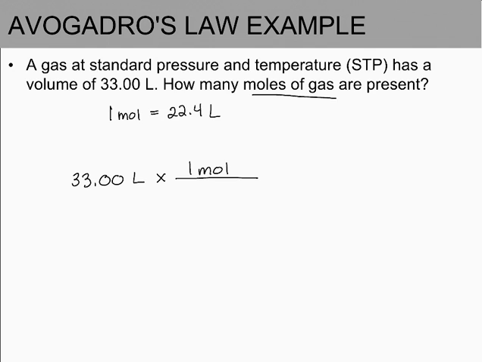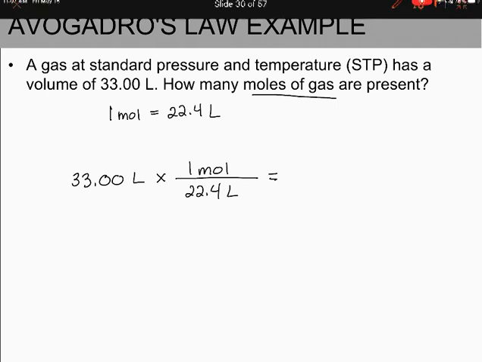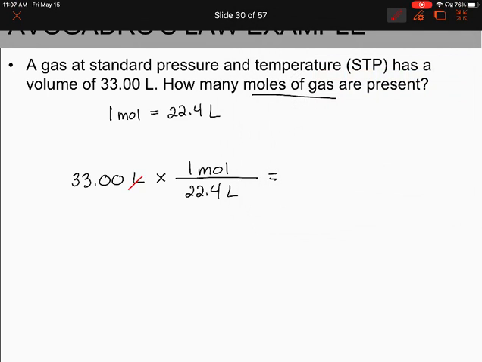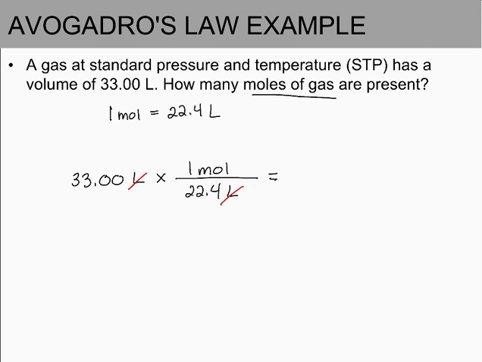And then we want to cancel units of liters. So let's put 22.4 liters in the denominator. Okay, so the units of liters will cancel and we'll end up with moles. And then 33 divided by 22.4 should give us 1.47 moles.